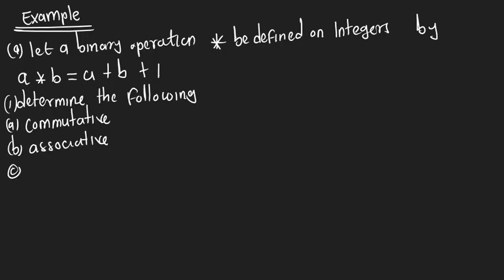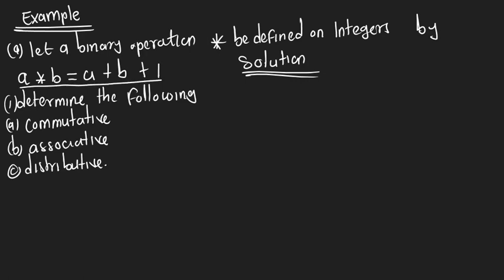C, distributive. Solution. Guys, here what they're telling you is this. You let a binary operation star be defined on integers by this particular equation. What a star b equal to a plus b plus 1 simply tells us is that the operation that you are dealing with is a plus.